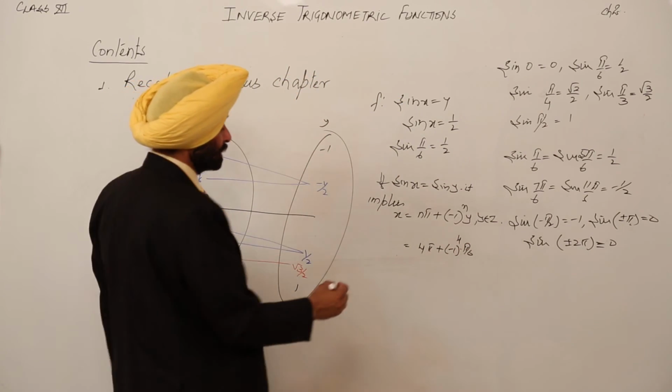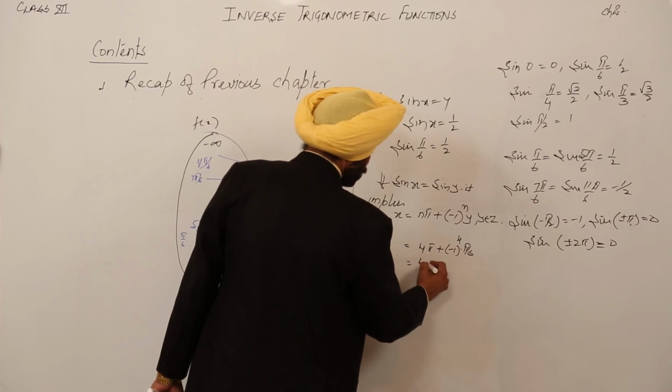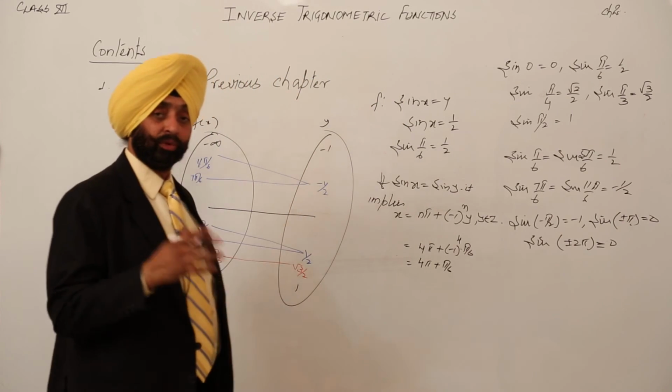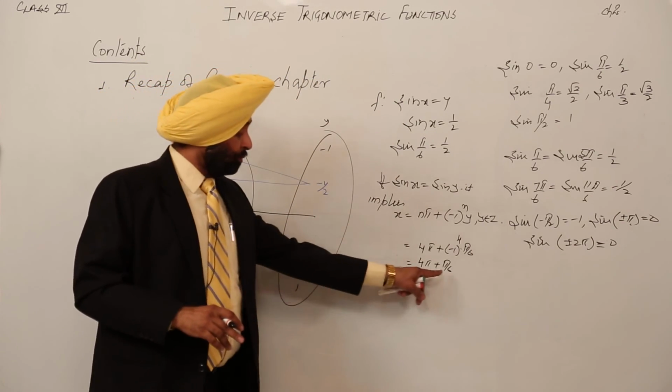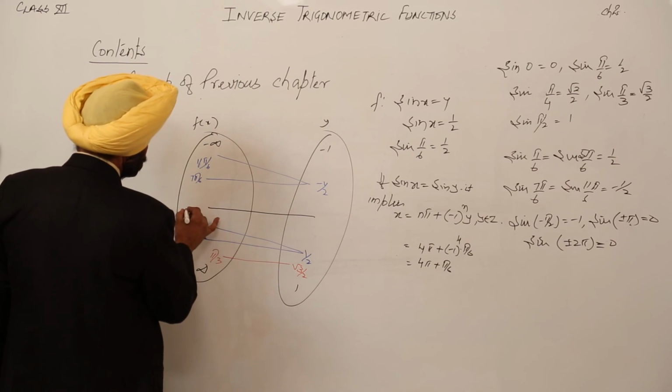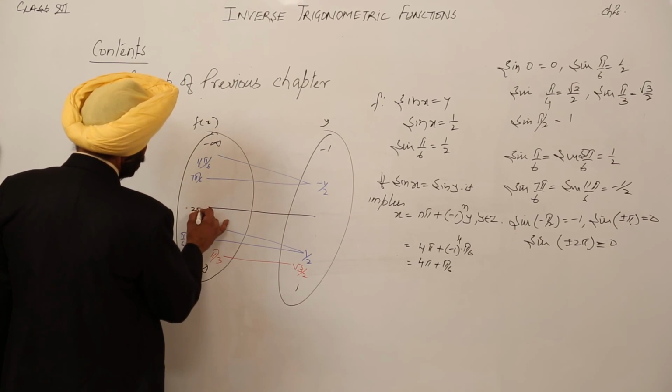So what is the answer? 4 pi plus pi by 6, since minus 1 raised to power 4 is even. 4 pi plus pi by 6 is 25 pi by 6.